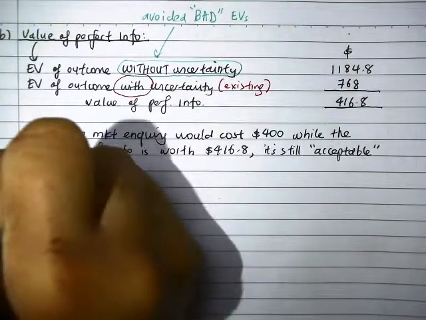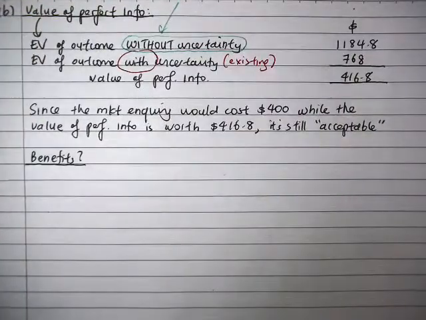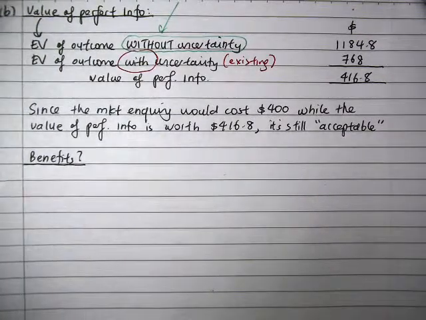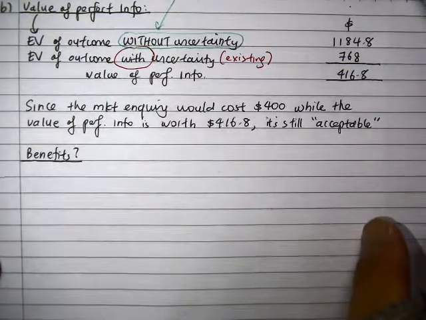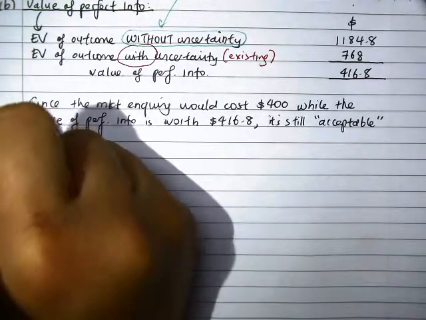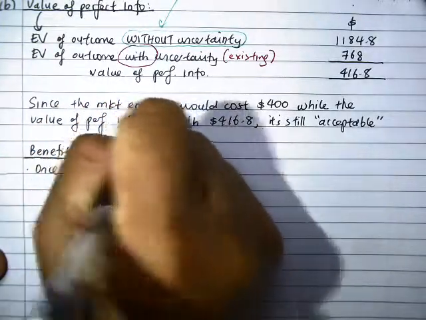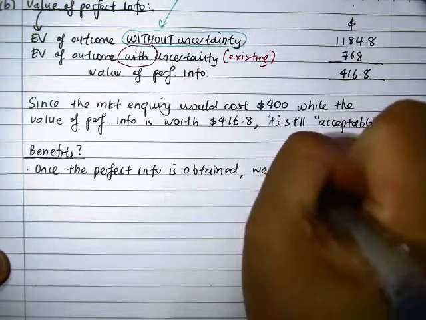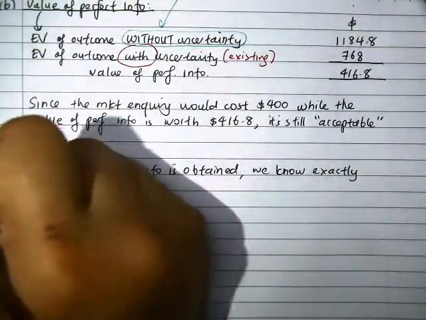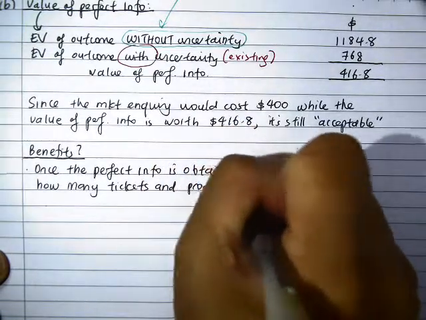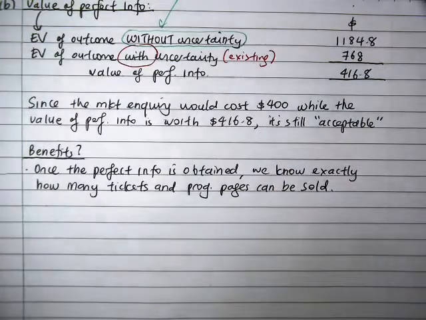And what would be the benefits? Once the perfect info is obtained, we know exactly how many tickets and program pages can be sold.